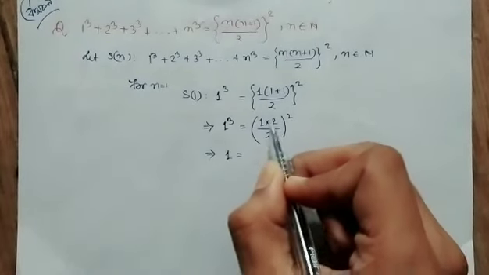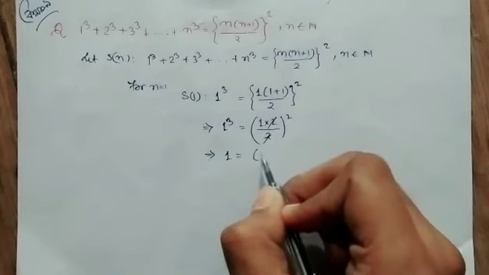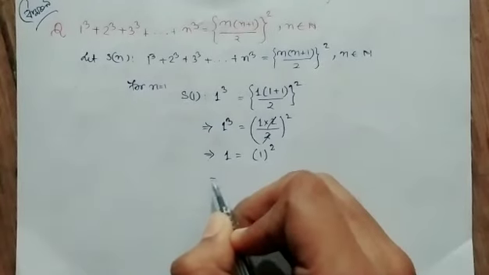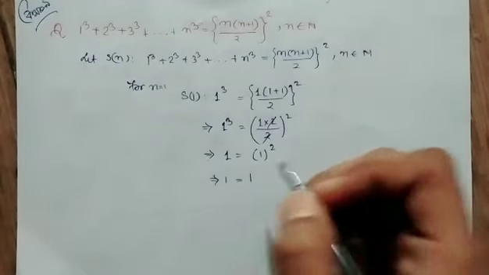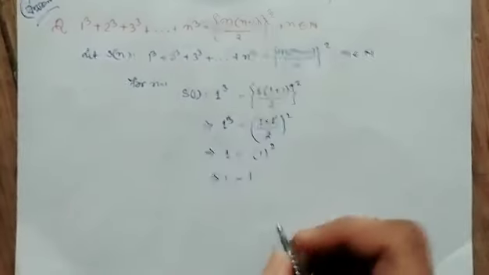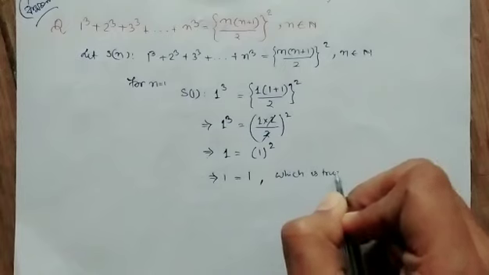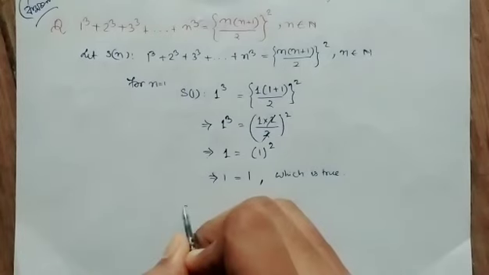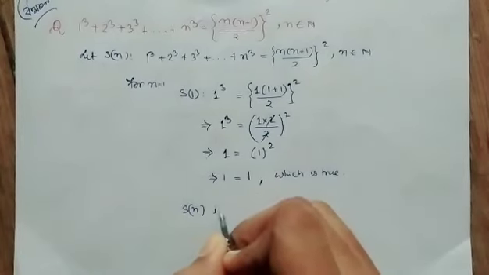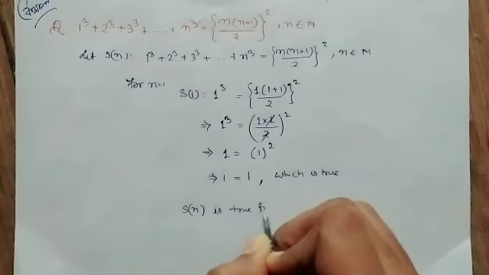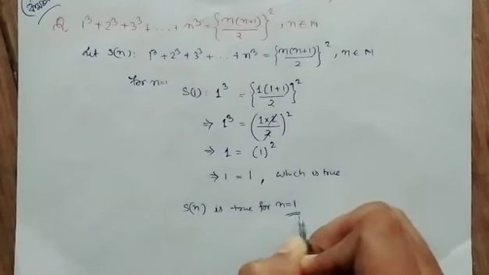It is 1, and 2 cancels out, and we are left with 1 square. So 1 is equal to 1. Yes, 1 is equal to 1. It is a true statement, right? Which is true. And thus we can conclude that Sn, the given statement, is true for n equal to 1.